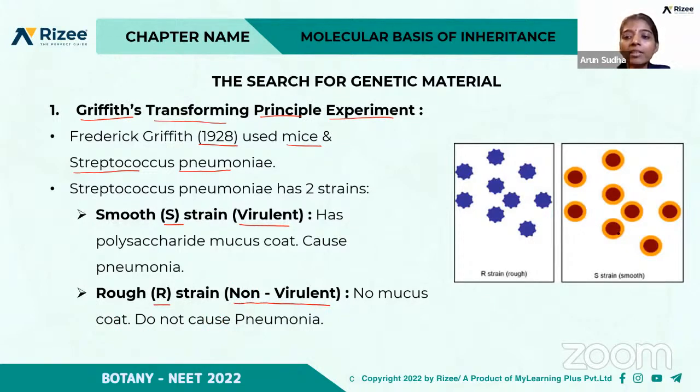So this is the S strain, which has a coat surrounding the organism, right? This is the S strain or the smooth strain, and this is the R strain or the rough strain. This is the virulent strain and this is the non-virulent.